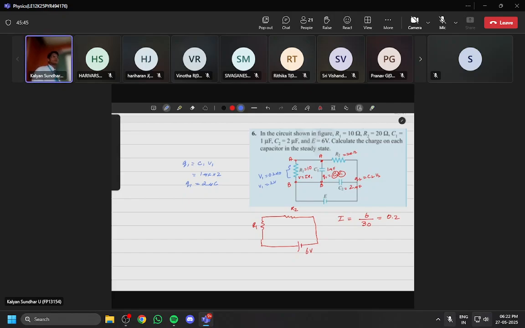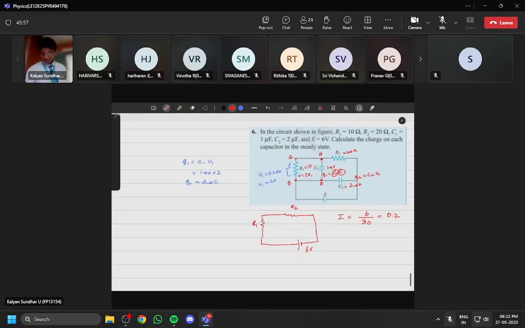Next, who do we need to find? We need to find it for C2, correct? Across C2, what are all the potentials that have been there? What will be the potential?